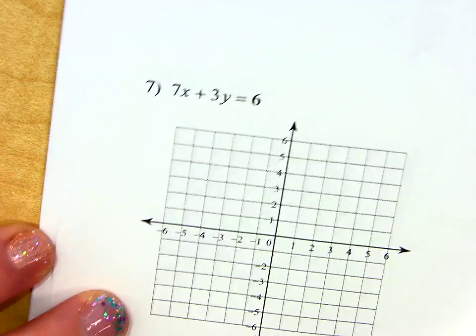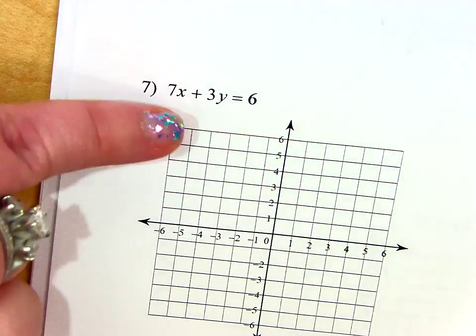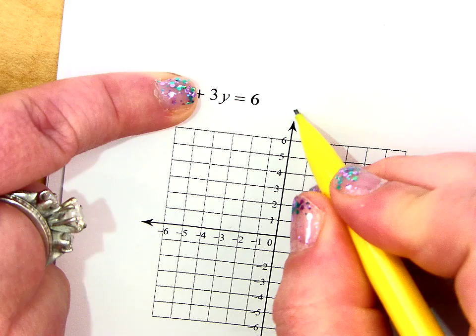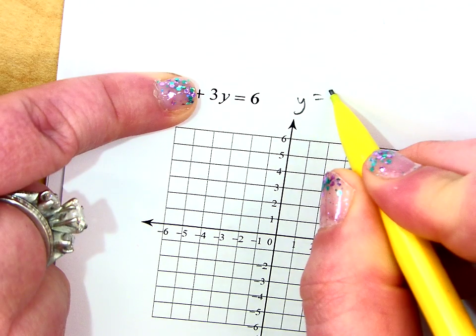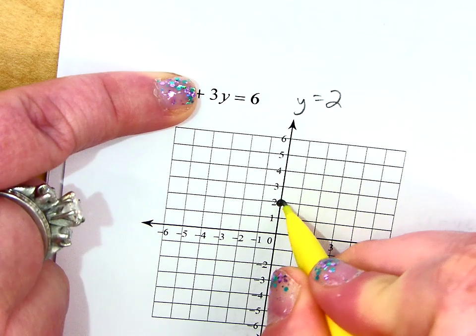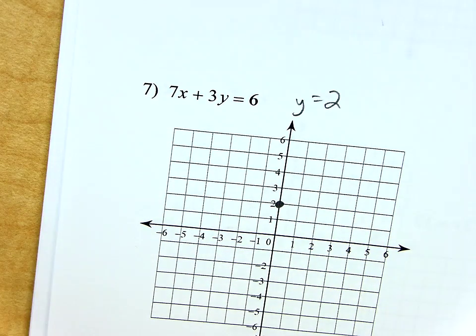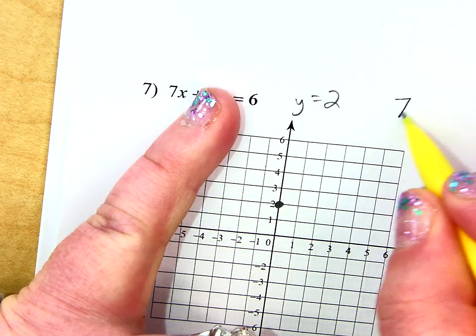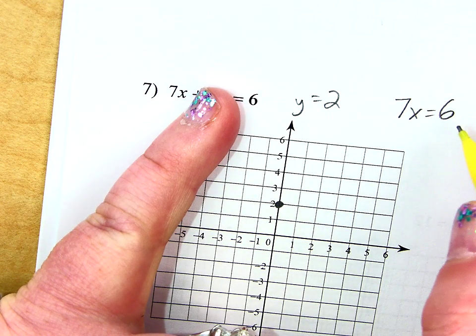Okay, 7 you asked for. All right, this one is in standard form. If I cover up the x, 3y equals 6. So that means y equals 2. So there's my y-intercept at 2. And then cover up the y. So that's 7x equals 6.